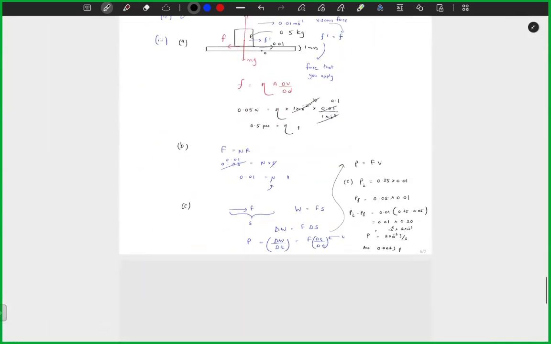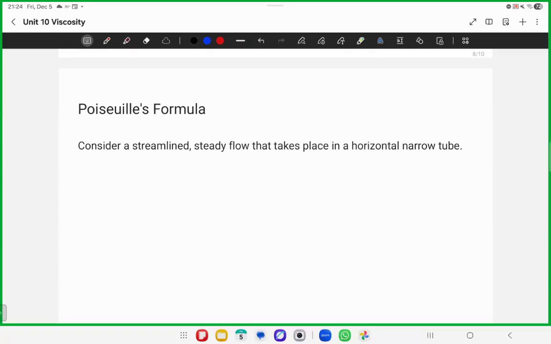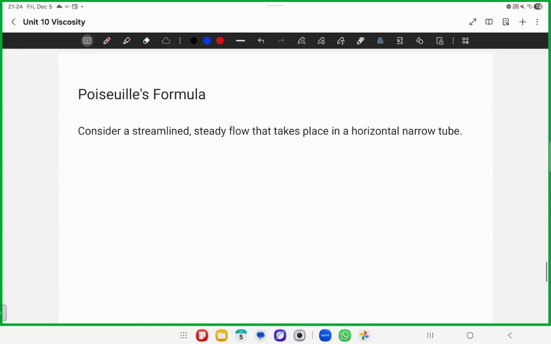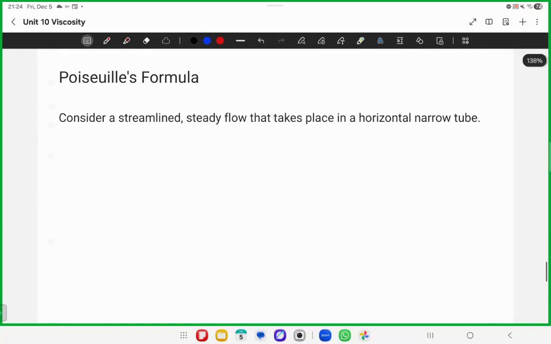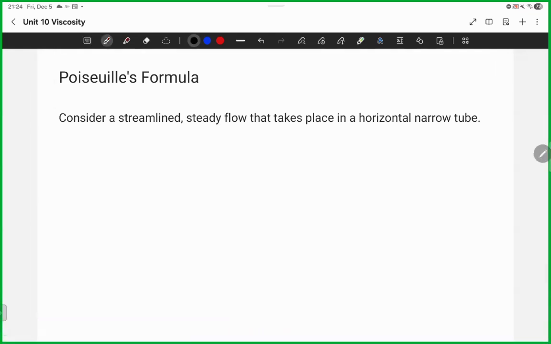Right? Yeah. So, Poiseuille's formula. What's this formula? Okay, so what we do is we think about a horizontal narrow tube like this. We think about a horizontal narrow tube like so.